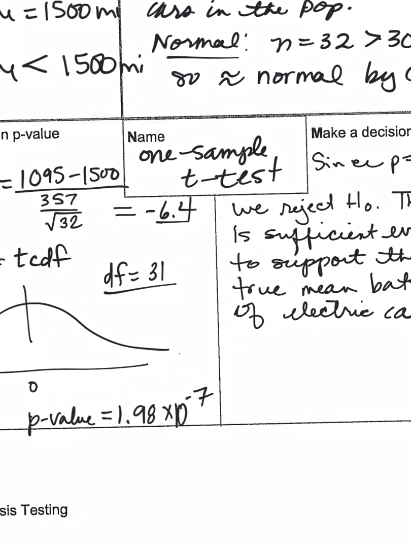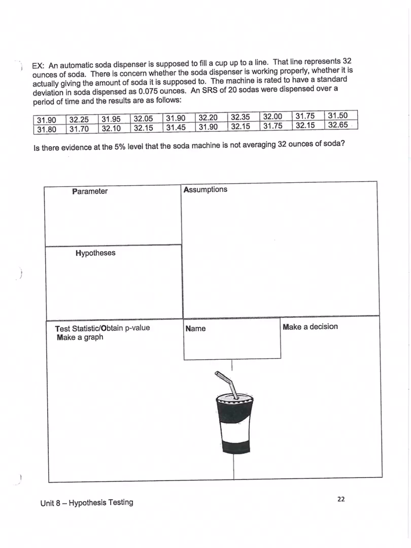What is HA? Less than 1,500. Is less than 1,500 miles. Okay. Do you see how this brings your mu and your HA into play? Mu and HA, when you write them, go into your form.